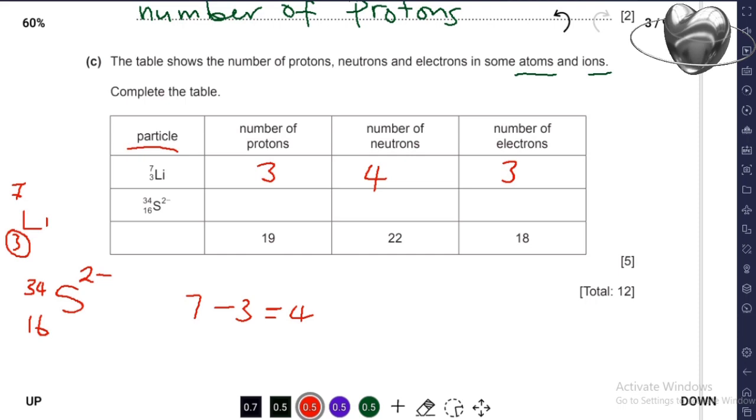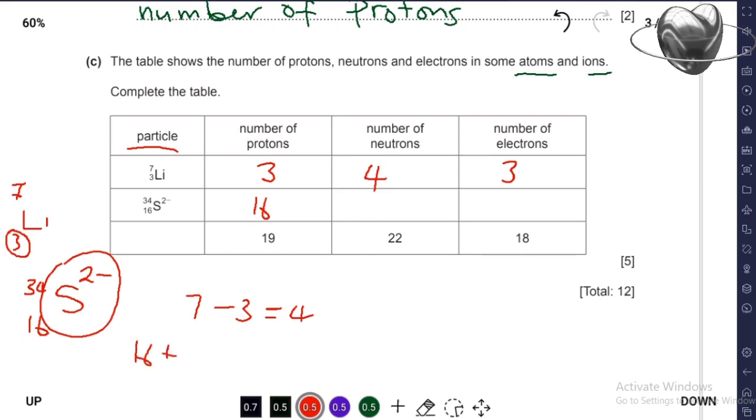For sulfide, the number of protons does not change, it will be 16. The number of electrons will change because sulfide has a charge of 2 negative, indicating that this particle gained 2 electrons. So the number of electrons will increase from 16 plus 2 to 18.